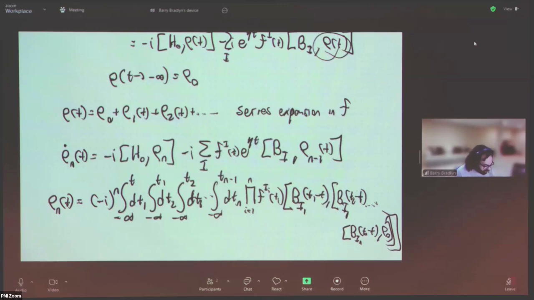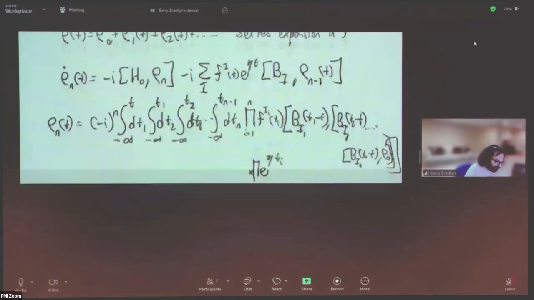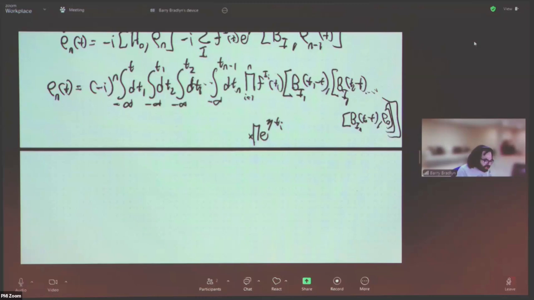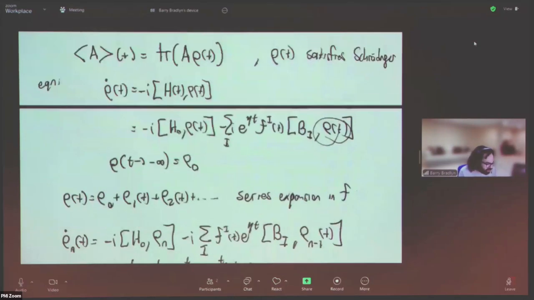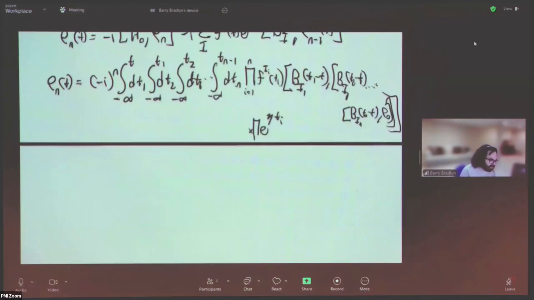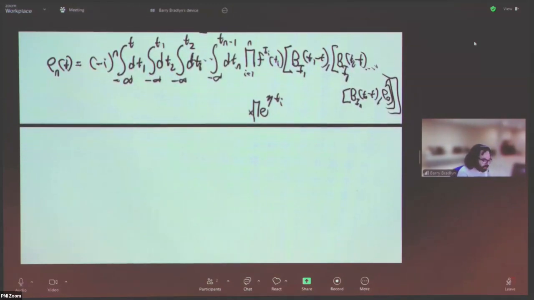And then we have our e to the eta t sub I. Okay, this is a pretty unwieldy expression, but it is at least formally exact, and we could go through, take this, plug it into the trace with A, and identify all of our response functions. The most famous and useful for our purposes case is n equals 1, which is linear response.